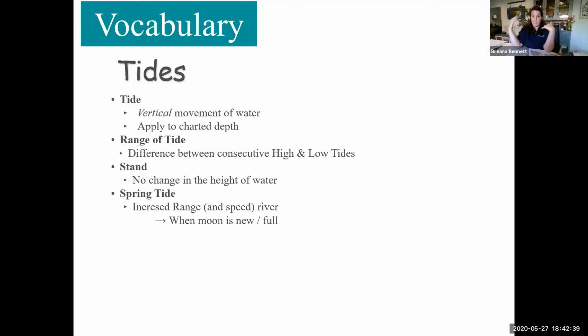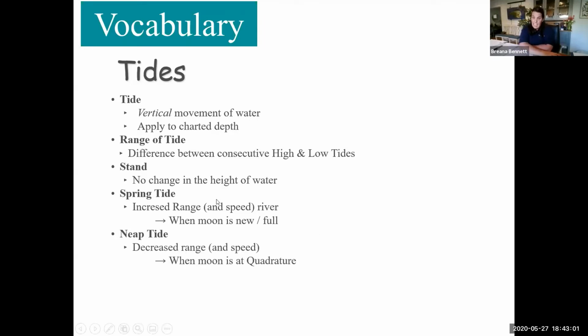And that's where you get those king tides. There's lots of different nicknames out there. But it's basically an increased range, and that range is from consecutive high to consecutive low. So your lows are going to be lower and your highs are going to be higher. Both.